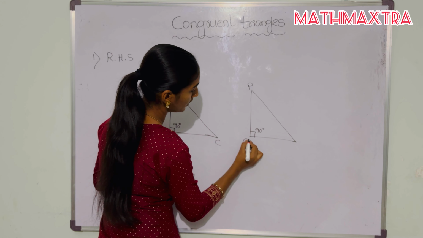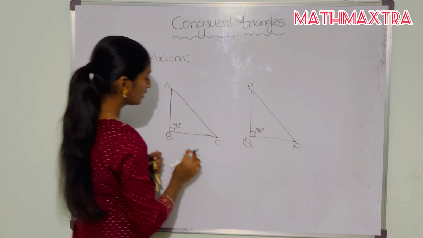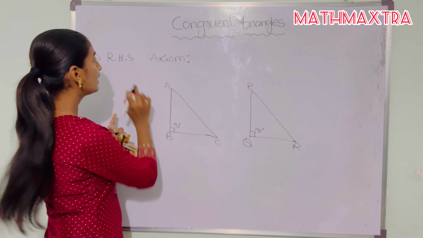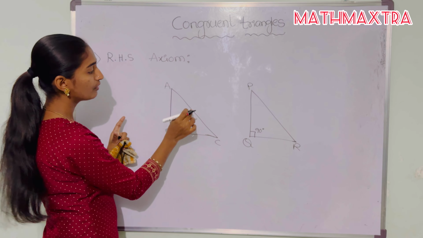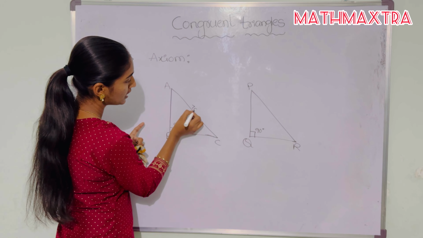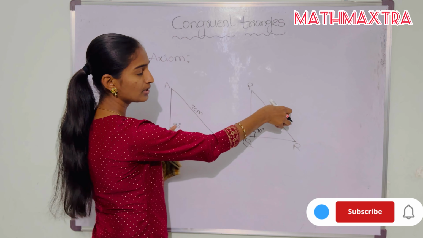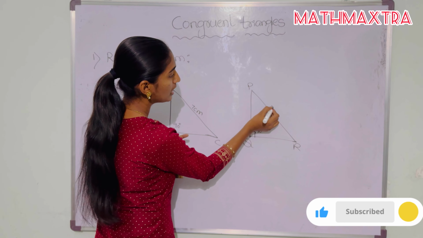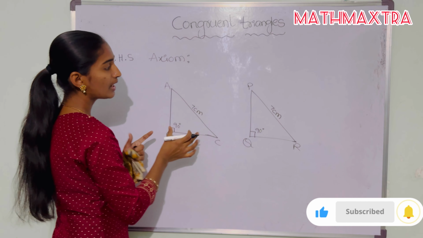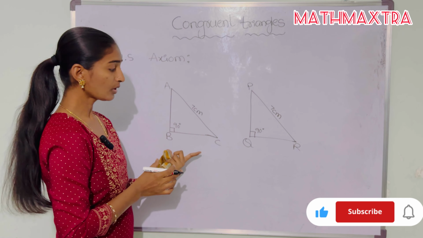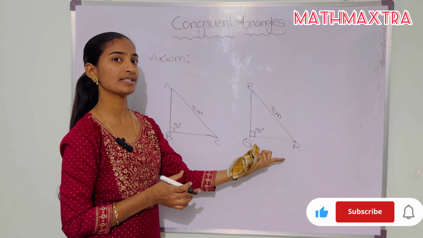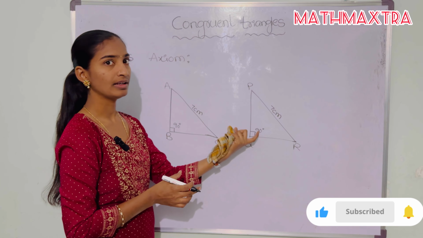P, Q, R. So right angles are equal. Okay, fine. Next, hypotenuses are equal. If the hypotenuse in this triangle is some 7 centimeters, the hypotenuse in this triangle should also measure 7 centimeters. Means the hypotenuse in the first triangle is equal to the corresponding hypotenuse in the other triangle.